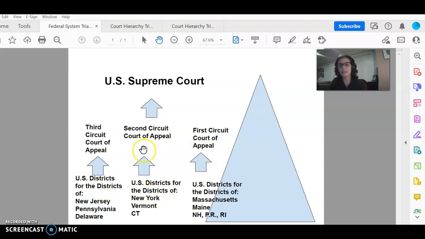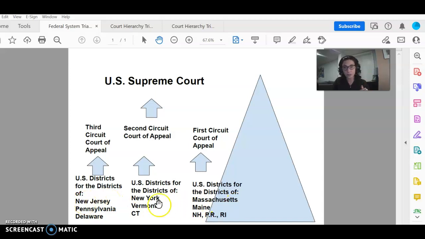Take a look at how this is also organized. All of these circuit courts are also on the same level. They are equal to each other. The First Circuit, the Second Circuit, the Third Circuit, the Seventh Circuit, the 11th Circuit. One circuit's not higher than the other, but the circuit courts are higher than the district courts.